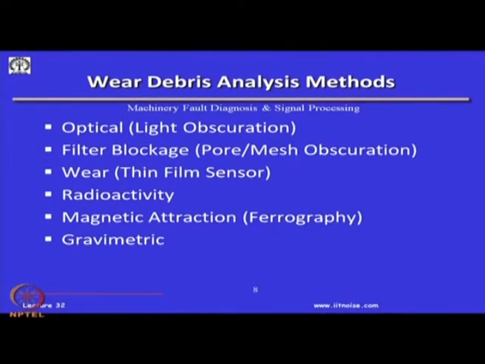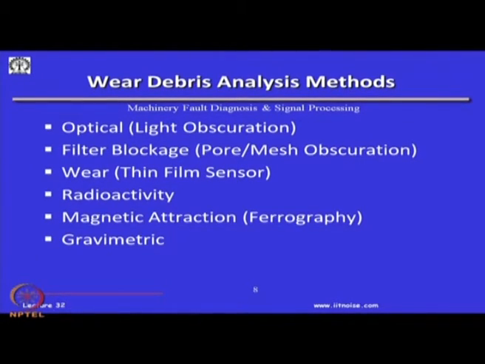Okay. Before I go into spectroscopy, I will tell you some of the wear debris analysis methods. Basically, wear debris analysis is done for particles which are above 5 microns and beyond. So, I could see it under an optical method.